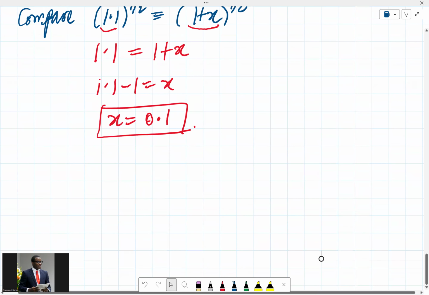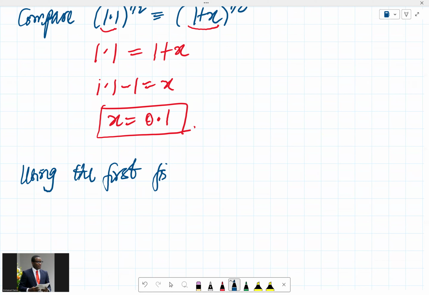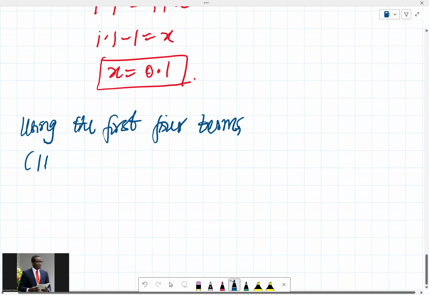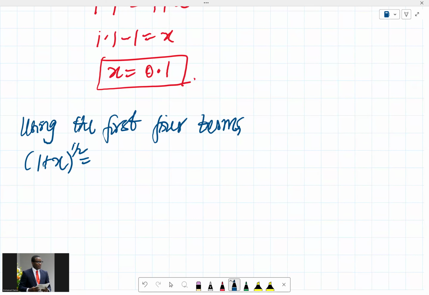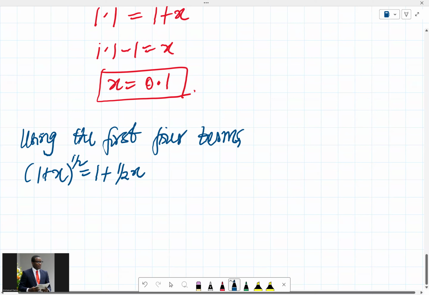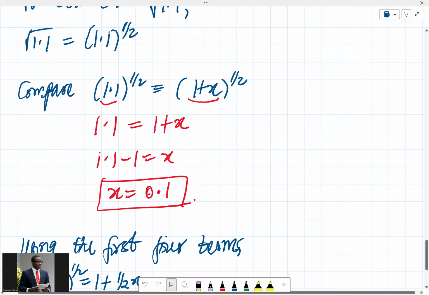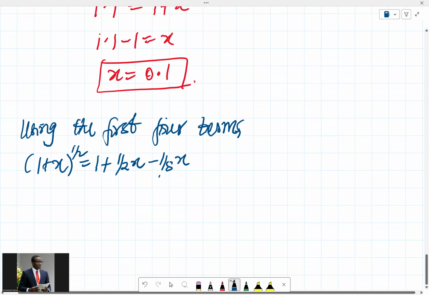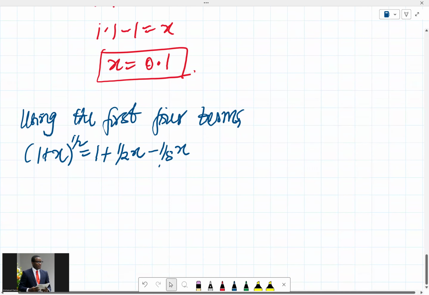So using the first four terms, we have that 1 plus x raised to power half is equal to 1 plus half x, then minus 1 over 8x, then plus 1 over 16.